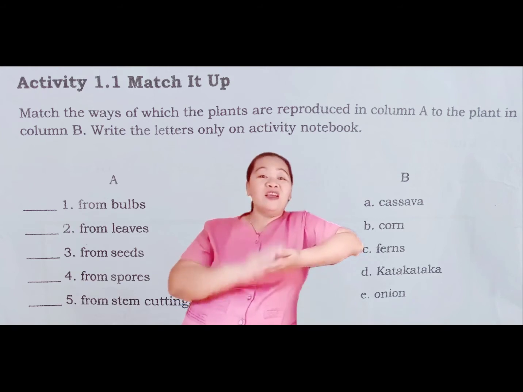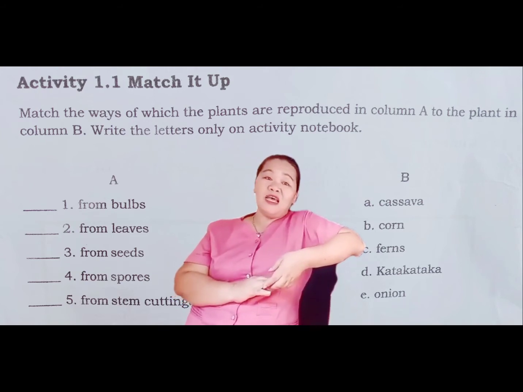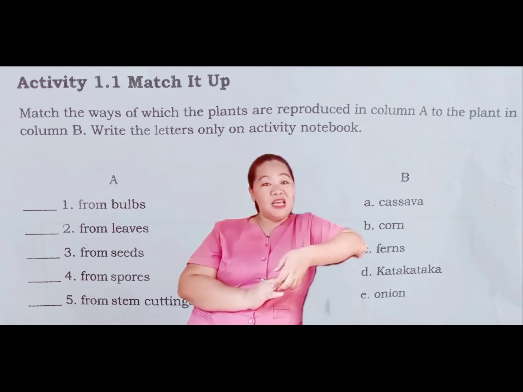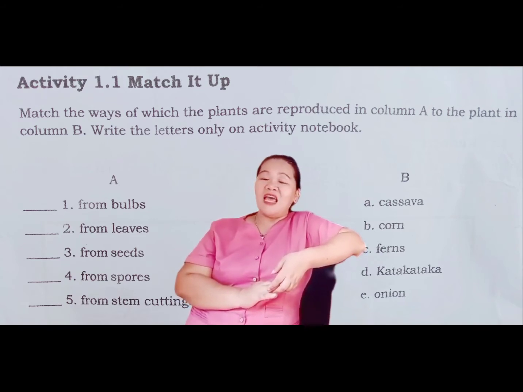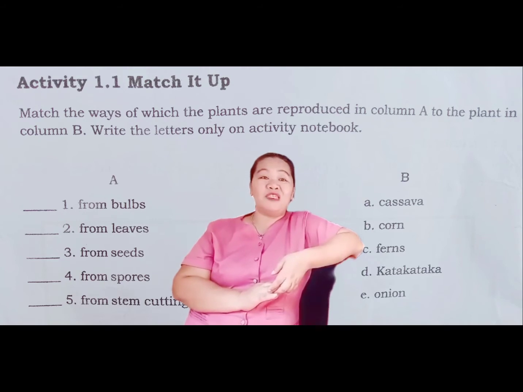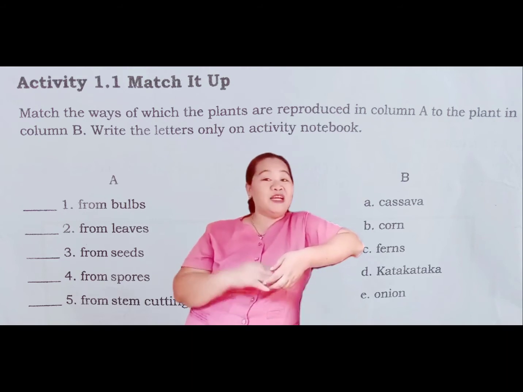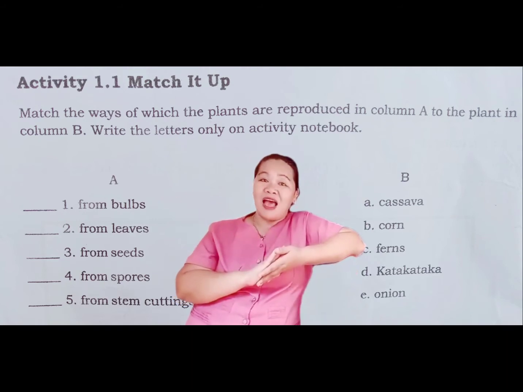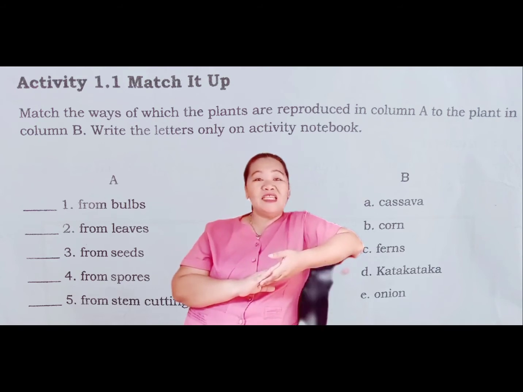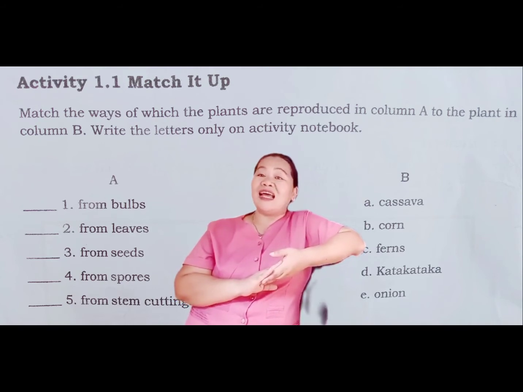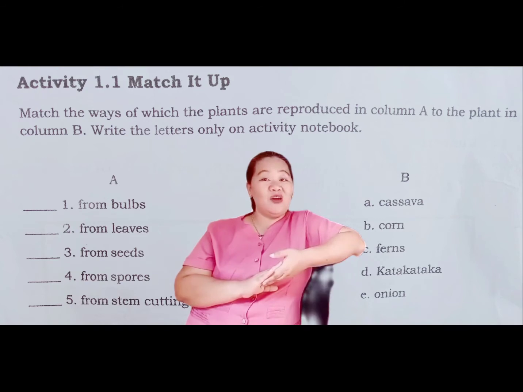In column A, we have 1, from bulbs, 2, from leaves, 3, from seeds, 4, from spores, and 5, from stem cuttings. For column B, we have A, cassava, B, corn, C, ferns, D, katakataka, and E, onion. So you are going to match it up.